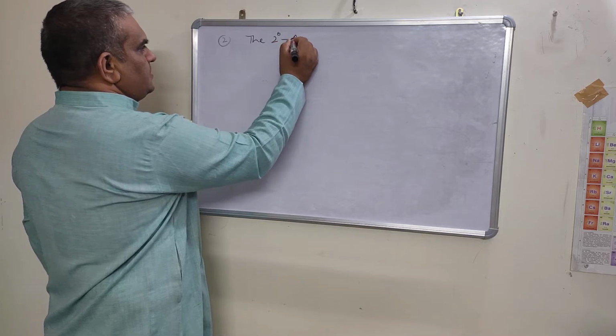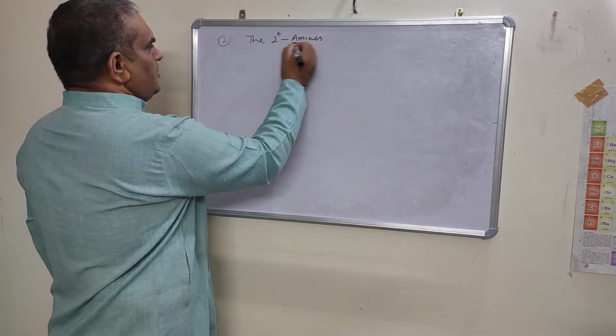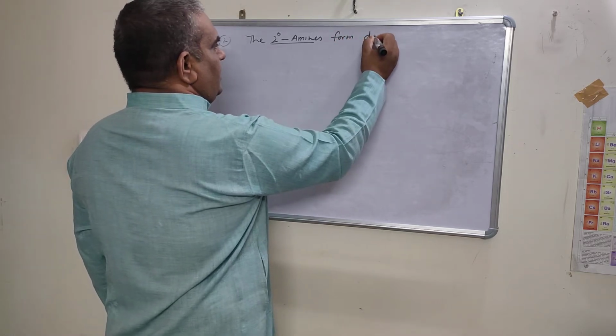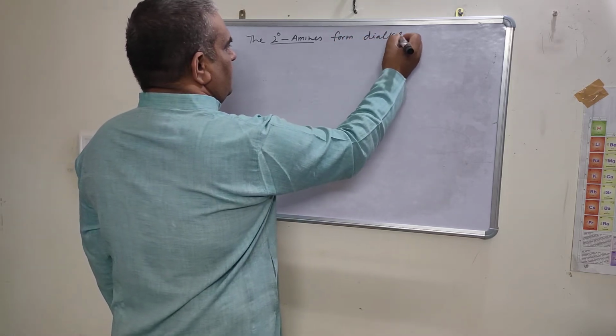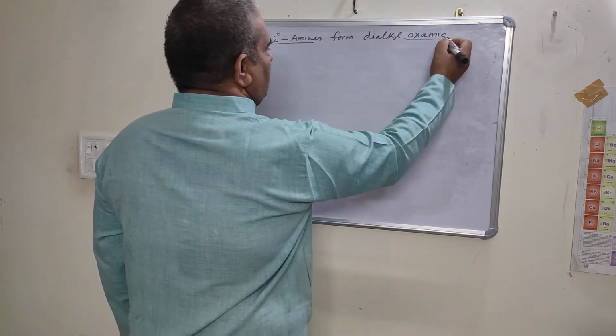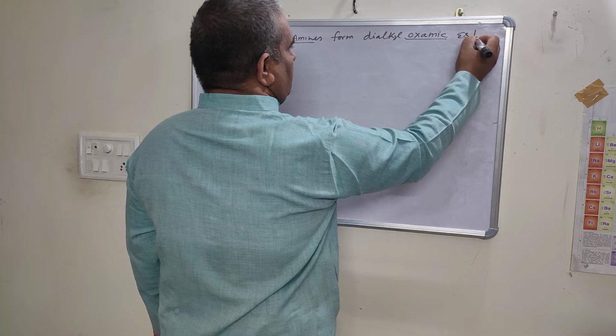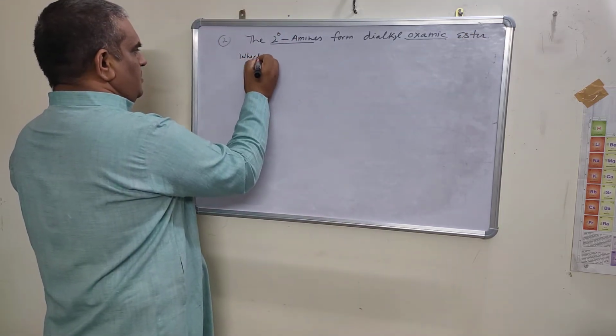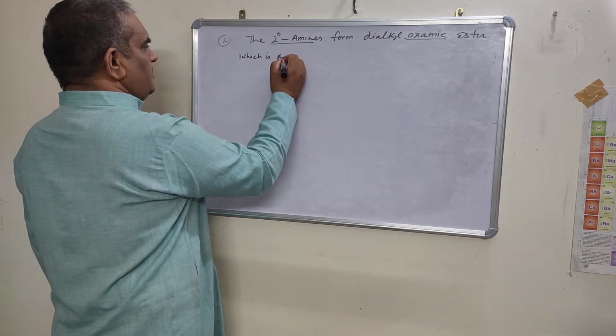Second is the secondary amines, which form dialkyl oxamic ester, which is an oily liquid.